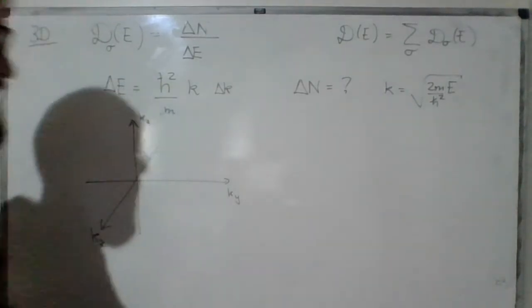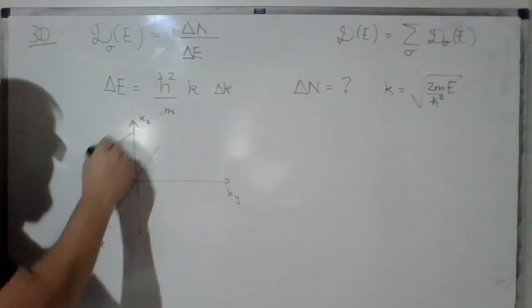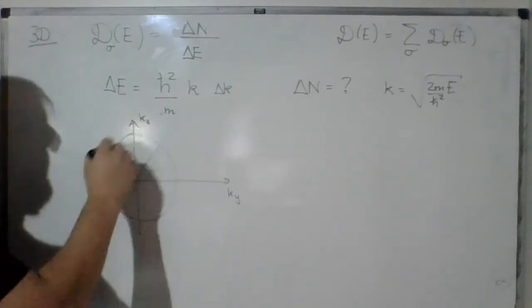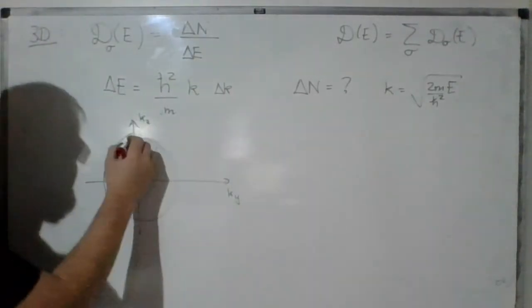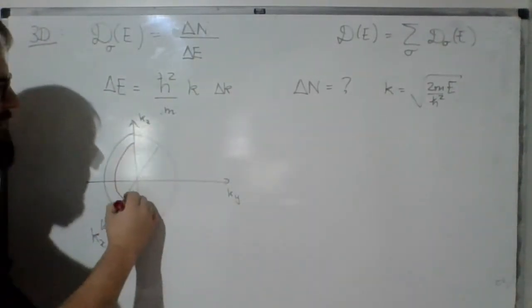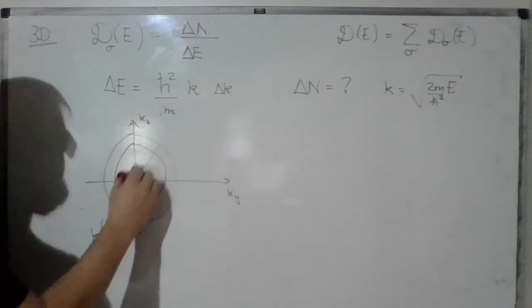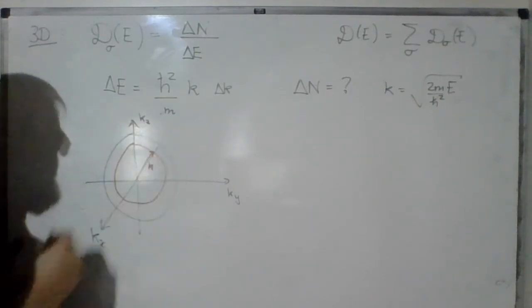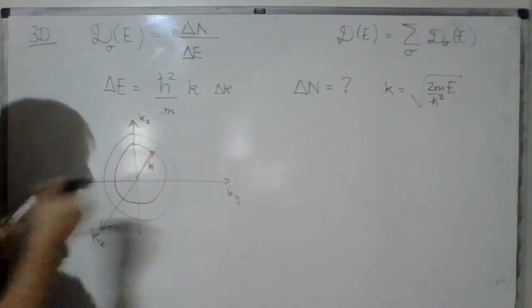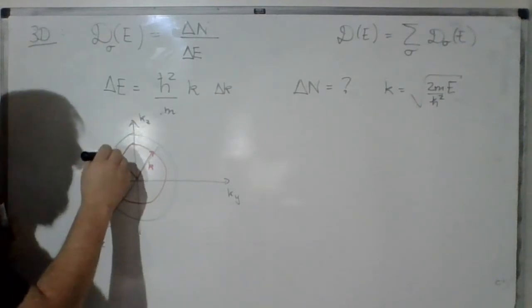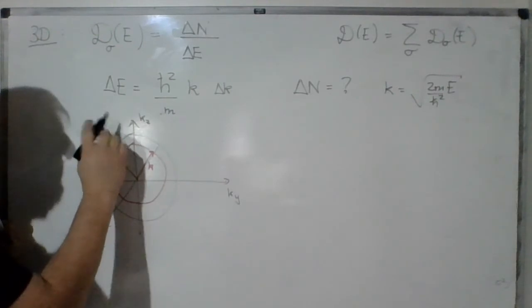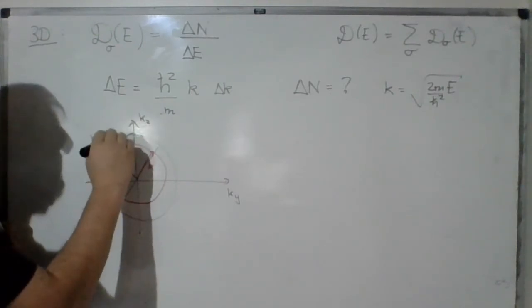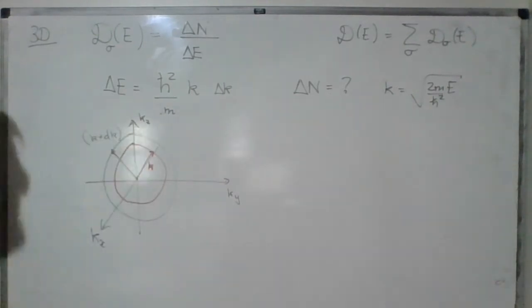If you have a sphere in this space, you can draw another sphere here. So there is a sphere of radius k, and there is another sphere of radius k plus dk, an infinitesimal dk. There are two spheres.